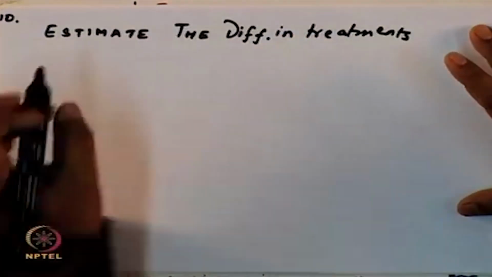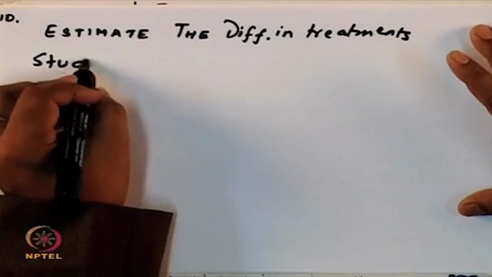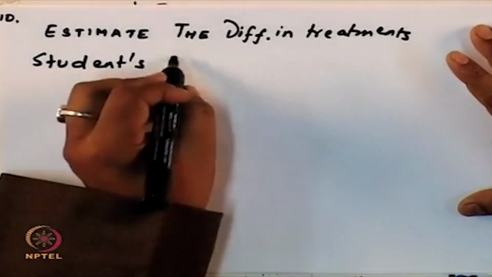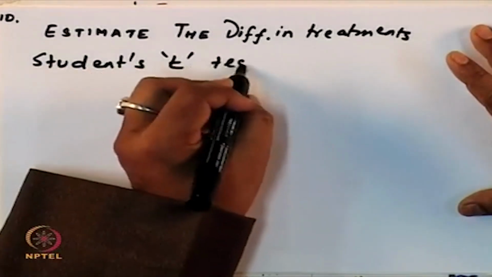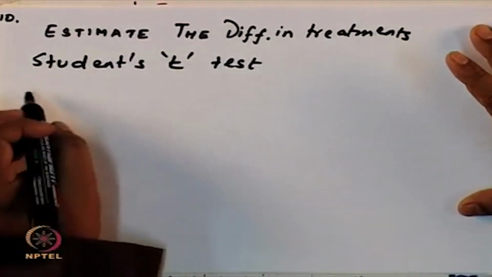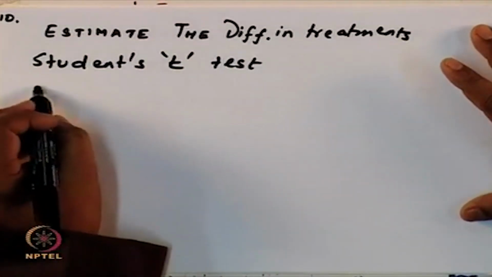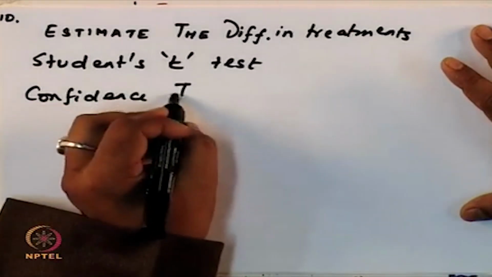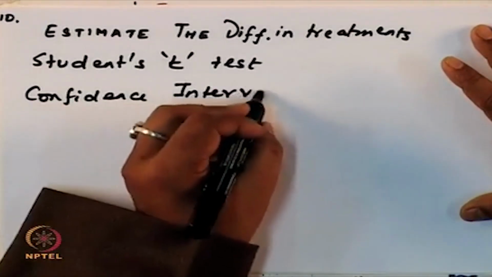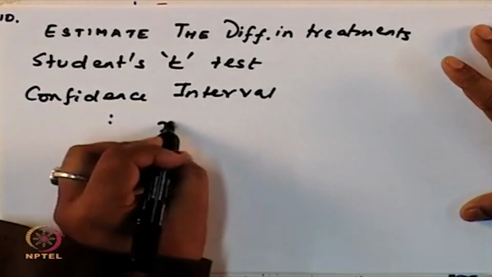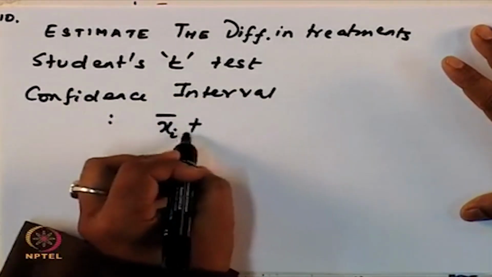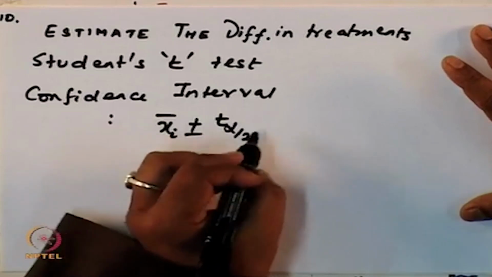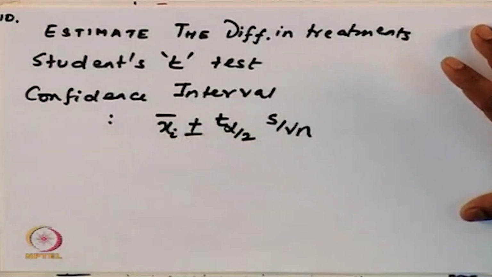For this you can use the student's t test, where your confidence interval is given by x bar plus minus t of alpha by 2 times s by root of n.